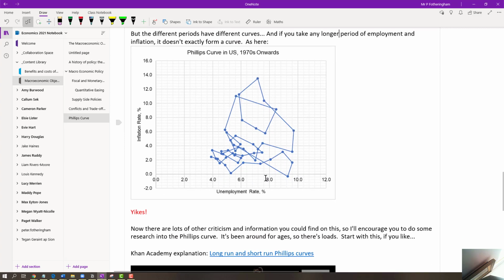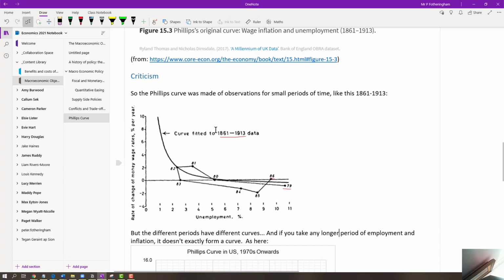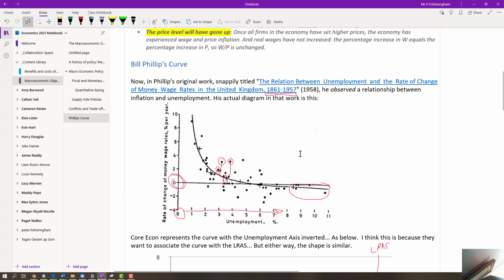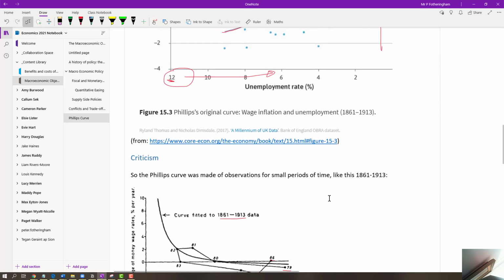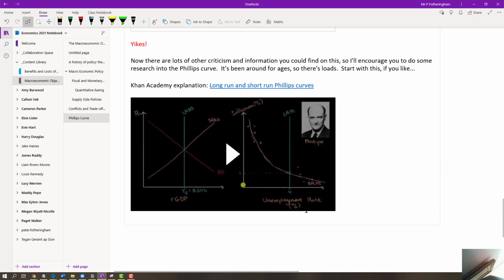Now, everything that we've looked at here so far, this curvy shaped bit here, the inverted version in Core Econ, and Bill Phillips' original curve, these are called the short run Phillips curves. There's also a long run Phillips curve, which we can learn about. It's not specifically stated in our objective for today, but I think it's really well explained by a number of different sources.